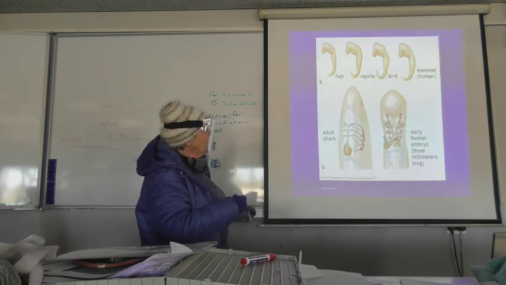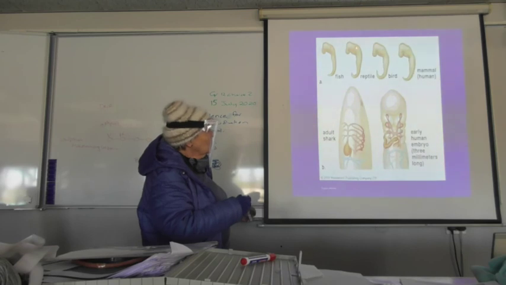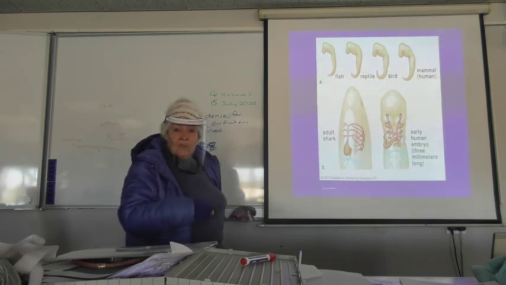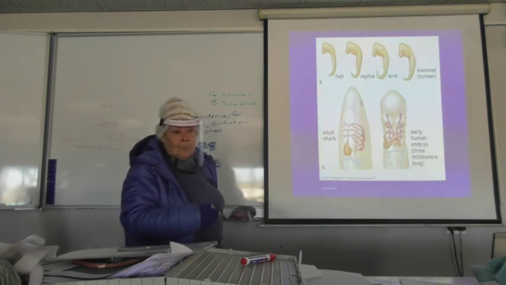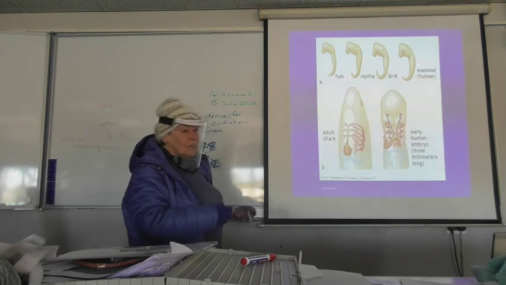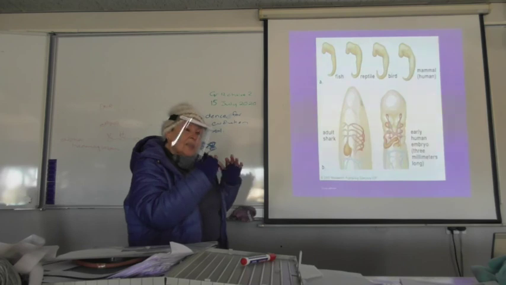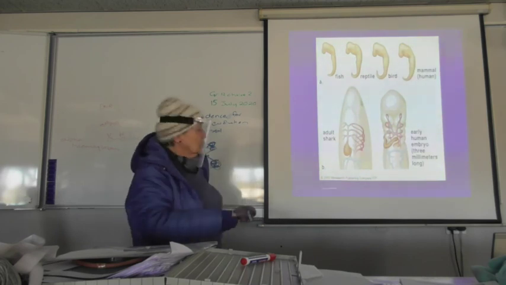Just like fish have gill slits because they develop gills, reptiles have gill slits, birds have gill slits, humans also at one stage in their embryological development have gill slits. But we don't have gills. What does it mean? It means that we came from an ancestor that did at one stage have gills.